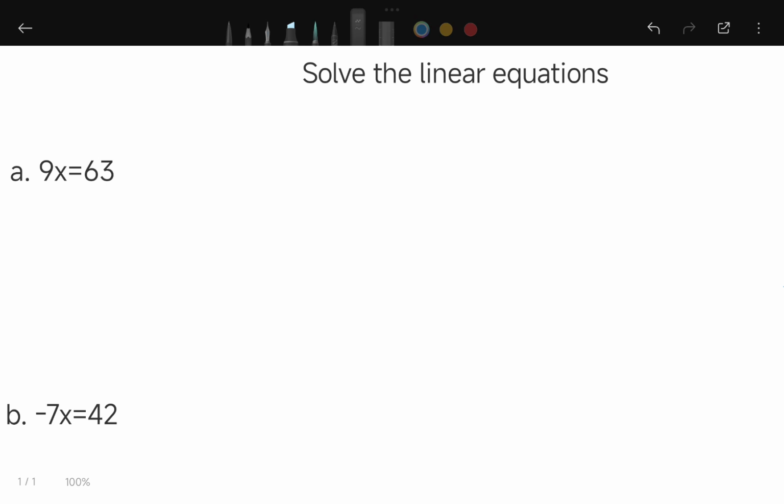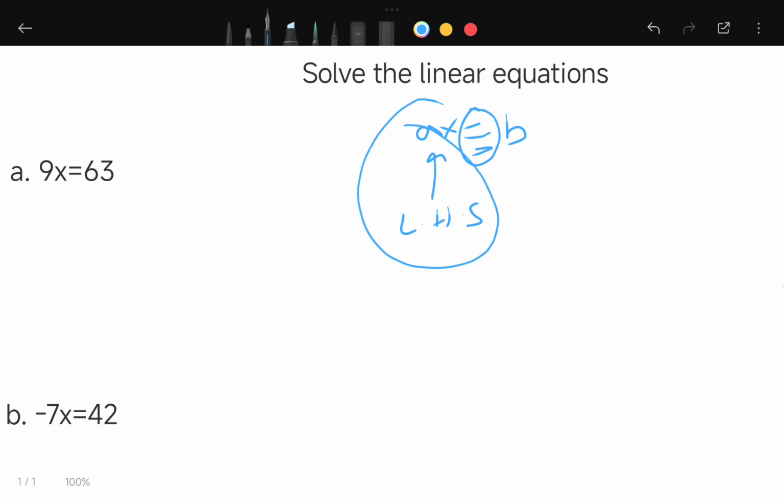So in an equation there are two sides. Let's take an example: ax equals to b. Ax is treated as the left hand side, LHS, which is before the equal to, and b is treated as the right hand side, RHS, which is after the equal to.